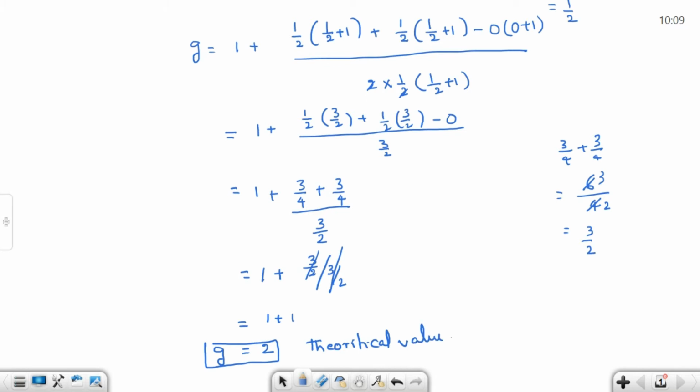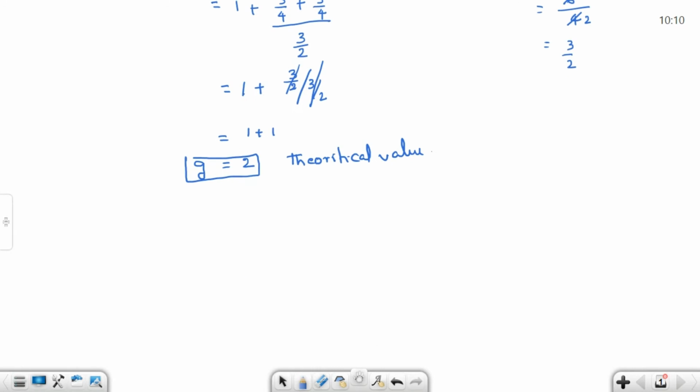Theoretical value. Sir, what is theoretical value? Why are you saying theoretical value here? Because for the experiment, when you see the experimental value of G, that is different.